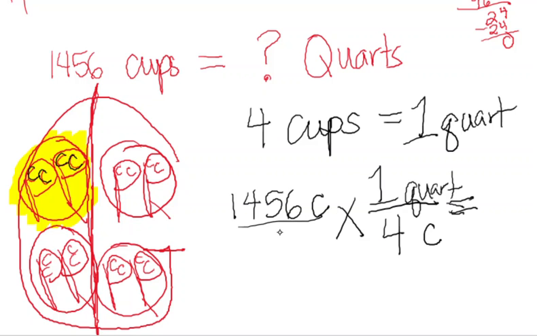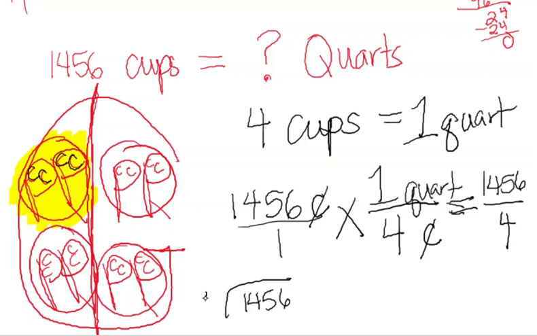When I multiply, I can put my whole number over 1, and I get 1,456 cups cancels over 4, and 1,456 divided by 4. 4 times 3 is 12. 4 times 8 is 24. And then 4 times 4 is 16.